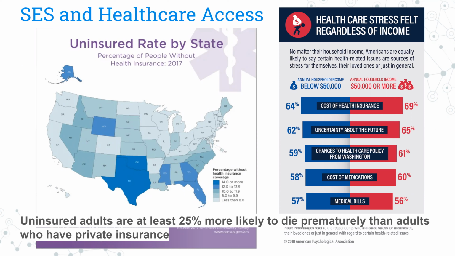If you look at polls on people's perception of stress due to uncertainty about paying medical bills, households that make below $50,000 and households that make above $50,000 worry about these issues at about the same rates. So while yes, access to healthcare is one significant risk factor, this is not why poverty in the United States plays a huge role in creating health inequities.